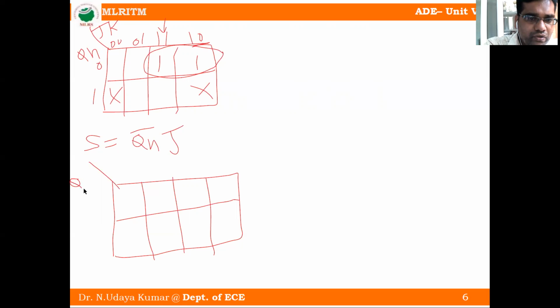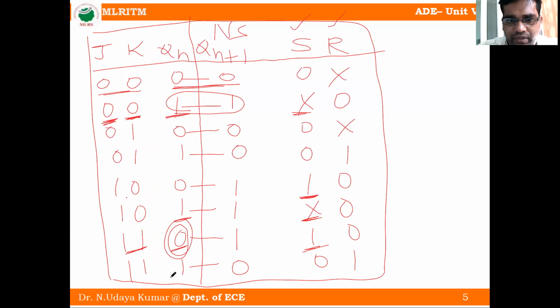So this is Qn and JK 0 0, 0 1, 1 1, 1 0. Now we will find the expression for R. R is equal to what? First, this one is don't care. If JK is equal to 0 0, Qn is equal to 0, we will get don't care.